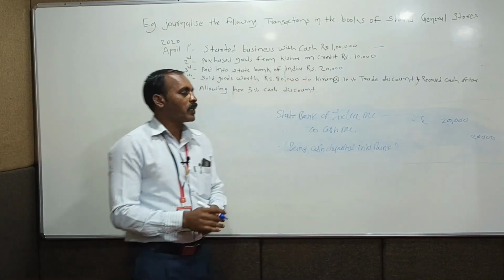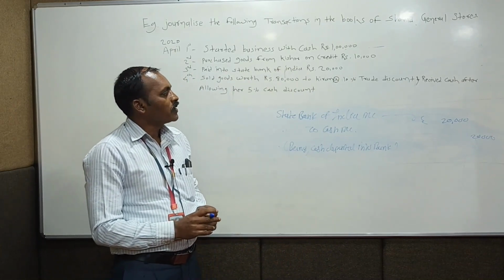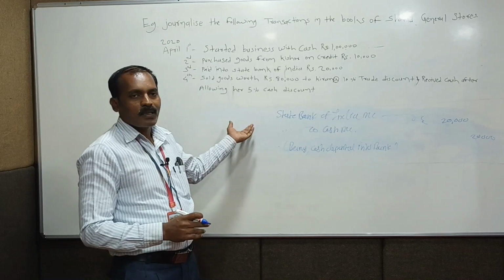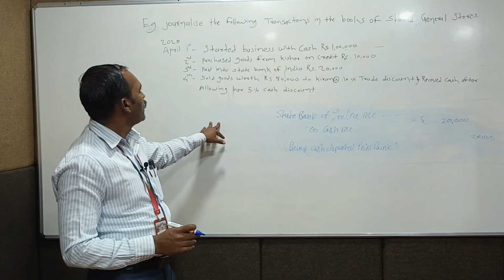So the transaction is recorded in the journal: State Bank of India account debit to cash account rupees 20,000, and the date is compulsorily recorded in the date column. The date is 2020 April 3rd.